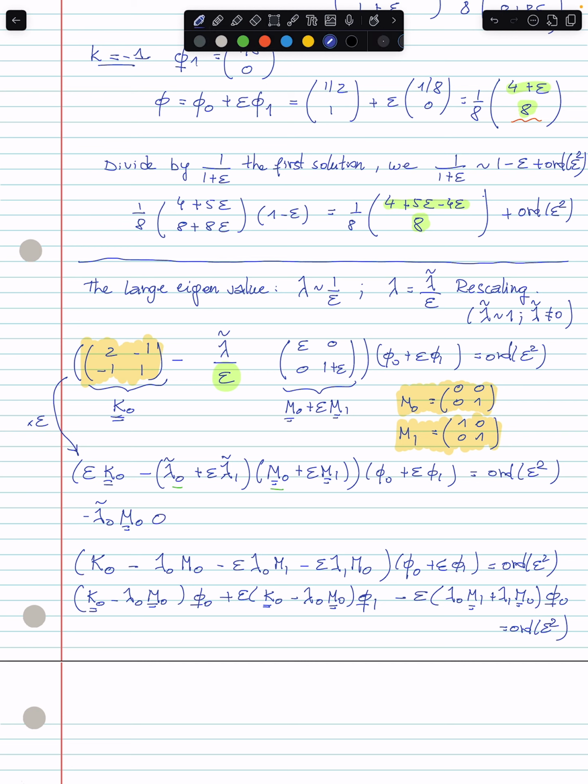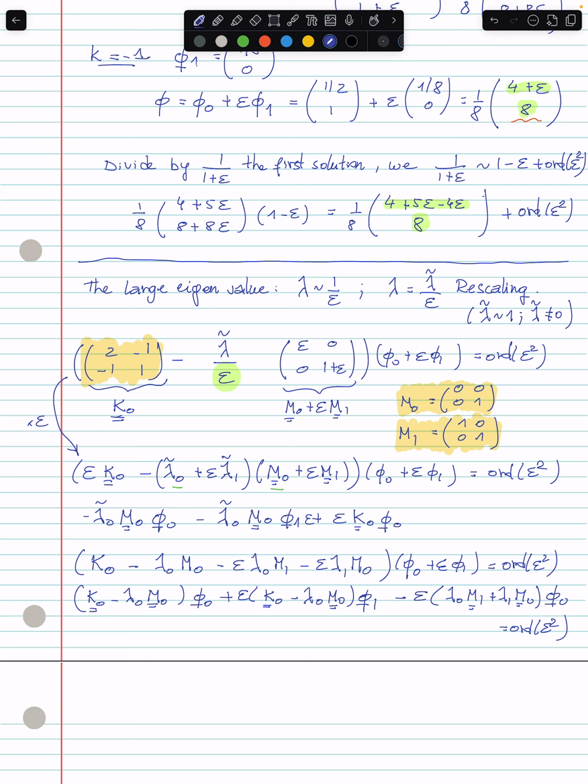So definitely we'll have the same operator applied to phi 1, multiplied by epsilon, of course, plus epsilon k0 phi 0.